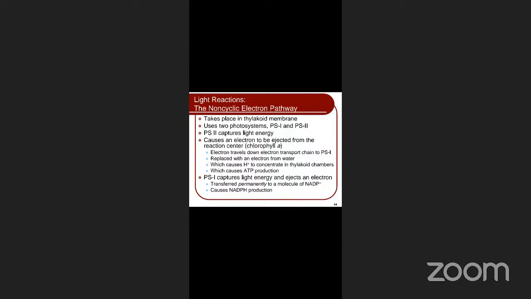Hill and Bendall proposed the model for the photosynthetic electron transport. This scheme is called the Z scheme. Photosystem 1 and photosystem 2 are involved in this system. So in the Z scheme, there are two centers present, photosystem 2 and photosystem 1.